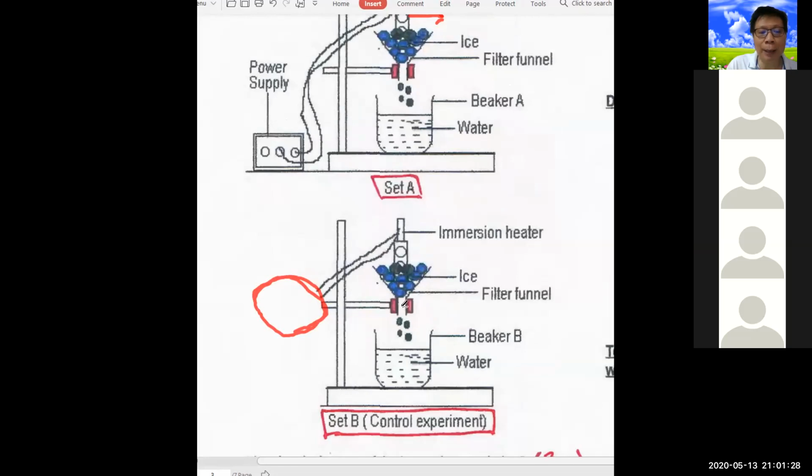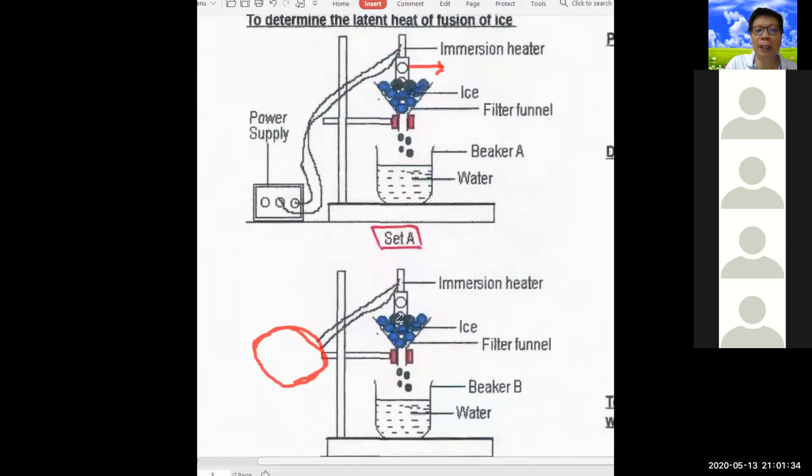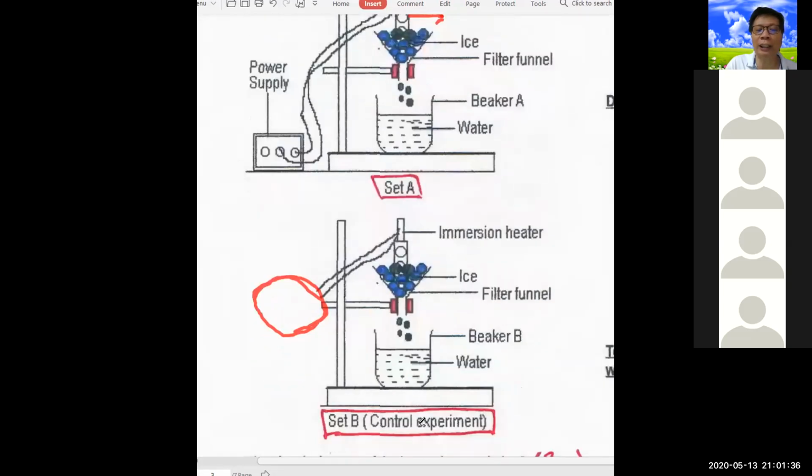The ice here is melted due to the heat from the surroundings, correct? So this control experiment can reduce our problem, because it can determine the mass of the ice melted by the heat from the surroundings.